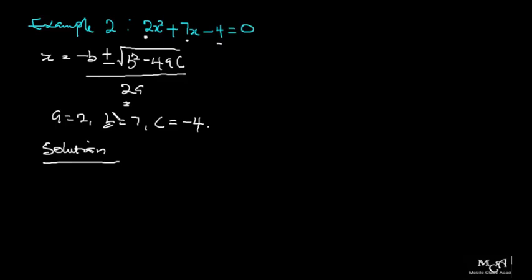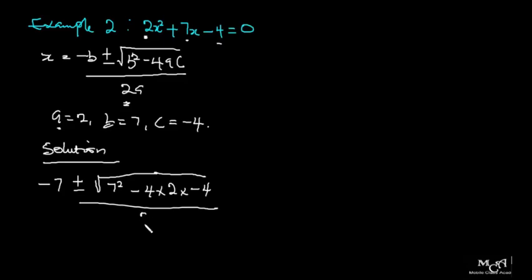From here, we are going to input the value of each letter into this expression. We are going to have minus b, what's our b? Minus 7 plus or minus the square root of 7 squared minus 4 times 2, which is our a, times c, which is our minus 4, all over 2a.